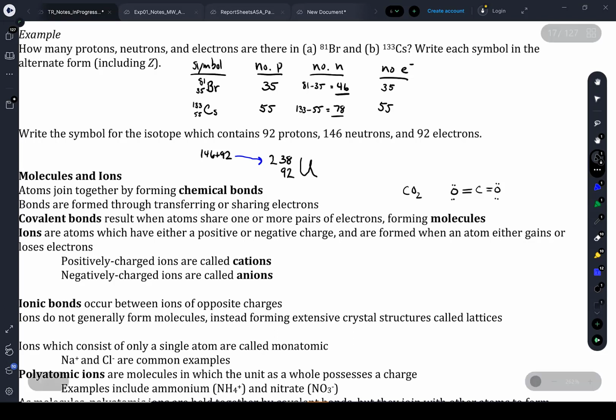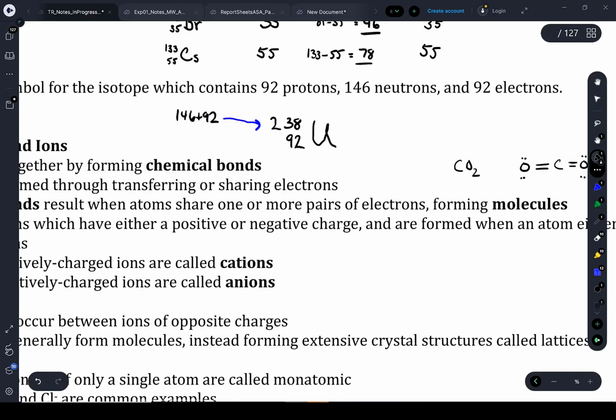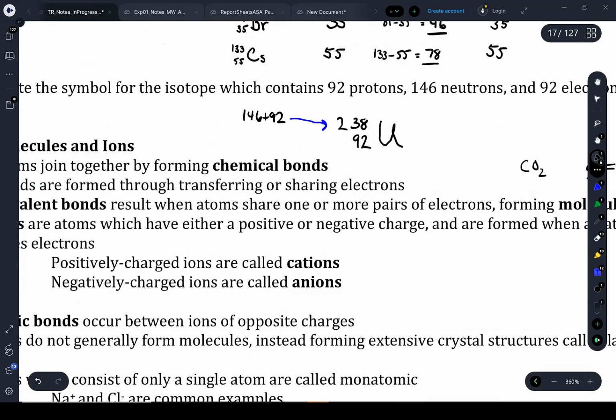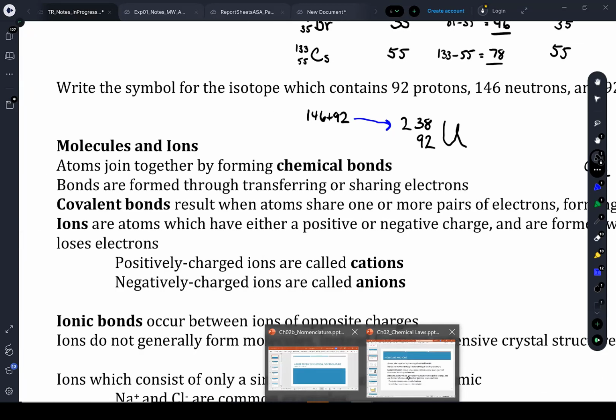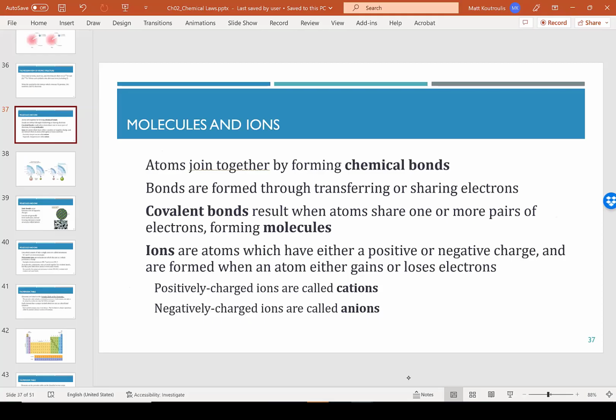And so some of them will be positively charged. We call those cations. And we have some negatively charged ones called anions. Please, no cations and no anions, okay? And those will have an attraction between them called the ionic bond. There's not really a symbol that we use for those. Whereas we use straight lines for covalent bonds, we don't really use a symbol at all for ionic bonds.